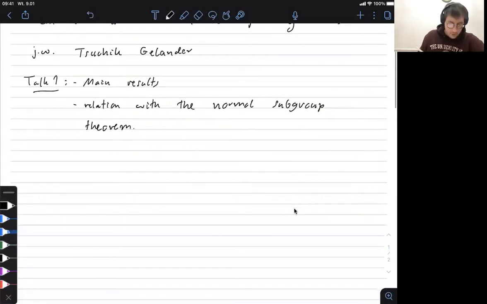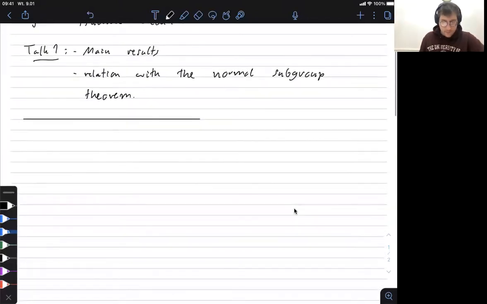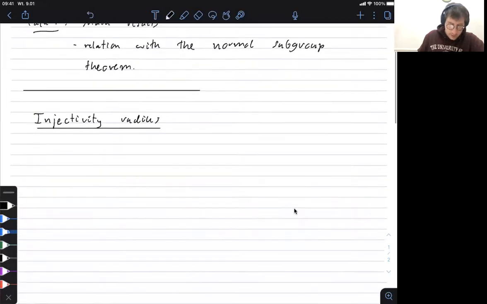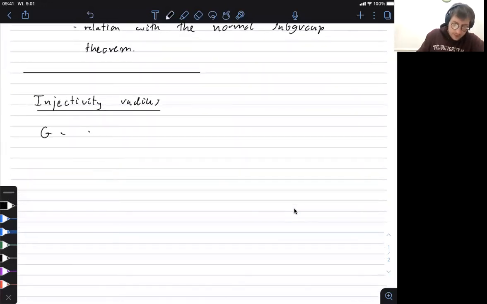Okay, so what is our setting? Let's start by talking about injectivity radius. G will be a semisimple group.